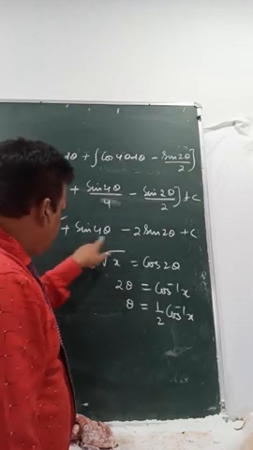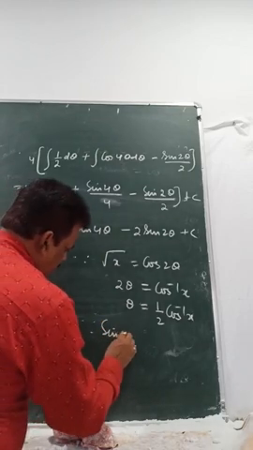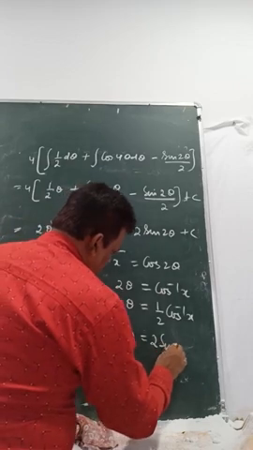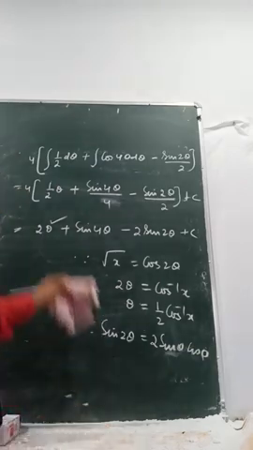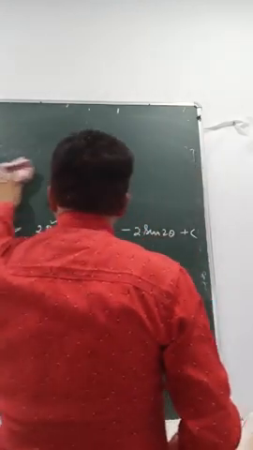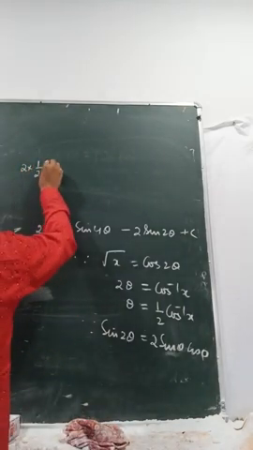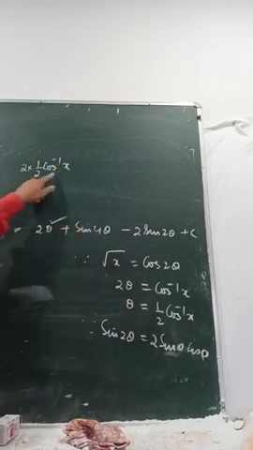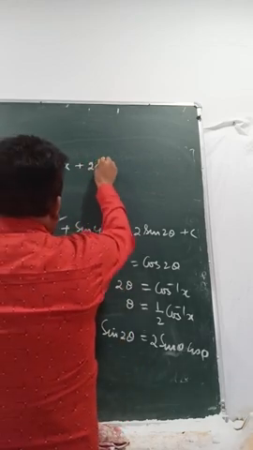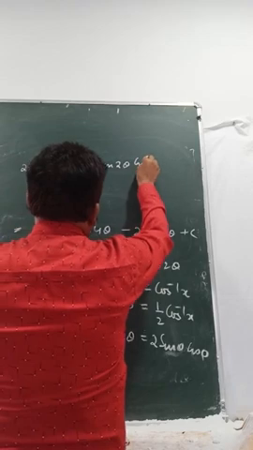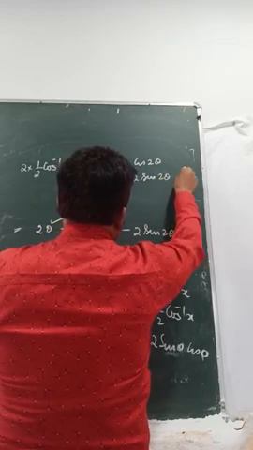Now let's break it. Also sin 2 theta equals 2 sin theta cos theta, half angle. So half angle means what shall I get? This is 2 into half cos inverse x. Okay, this side this is 2 sin 2 theta cos 2 theta minus 2 sin 2 theta plus c.